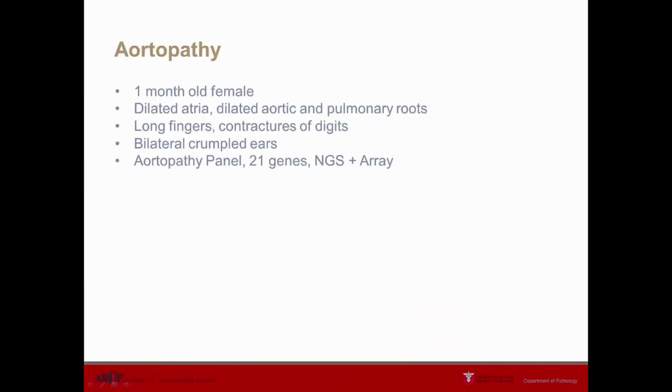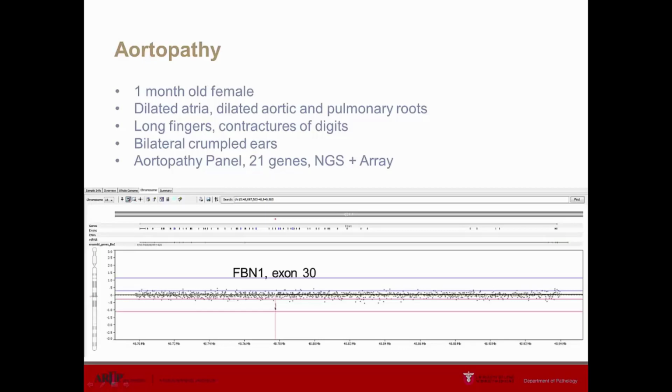Last case is this 1-month-old female presented with very classical aortopathy. Was run on our 21 gene panel for NGS and array. And the reason I point this out is because this is a little 608 base pair deletion of exon 30, 9 probes in that region, very small, very specific.